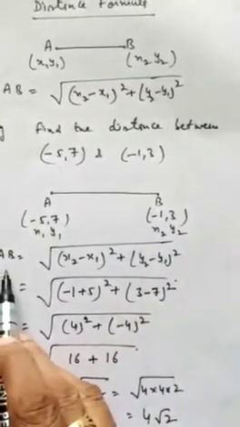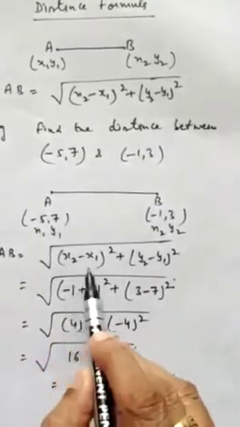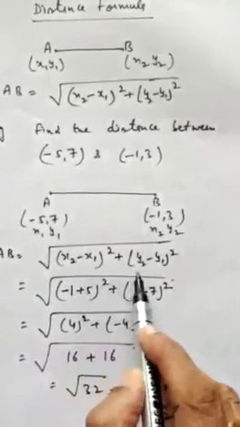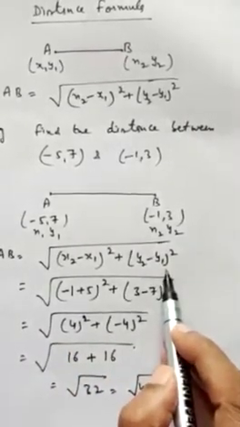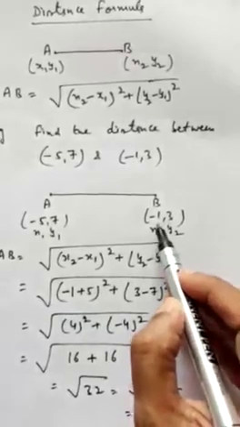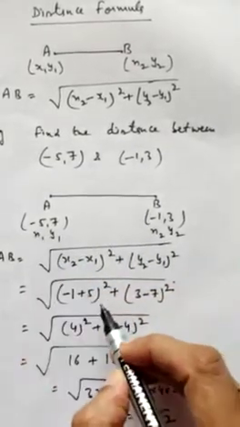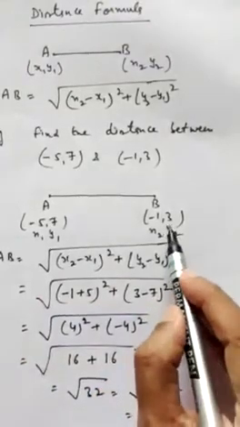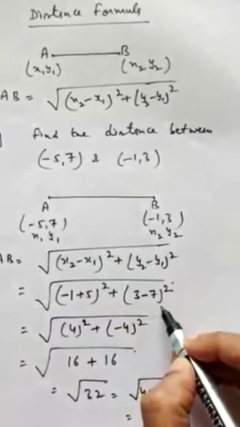So using the distance formula, AB is under root (x2 minus x1) whole square plus (y2 minus y1) whole square. Now take care of the sign: x2 minus x1 means minus 1 plus 5 whole square, plus y2 minus y1, that is 3 minus 7 whole square.